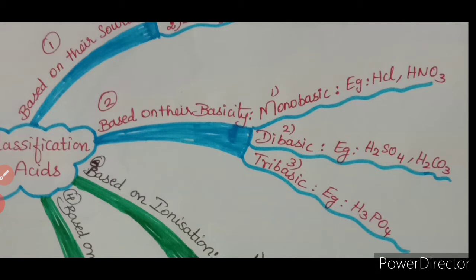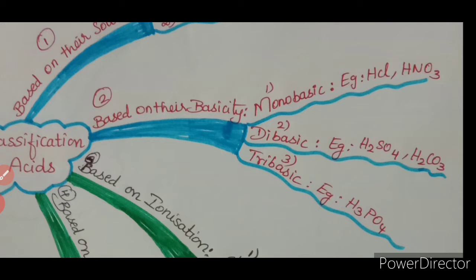The second one is dibasic. Di means two. Okay, so if two hydrogen atoms get replaced, then those acids come under dibasic. The examples are H2SO4, sulfuric acid, and H2CO3, carbonic acid.